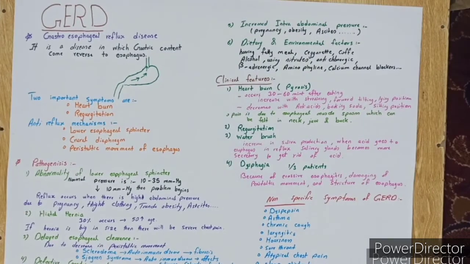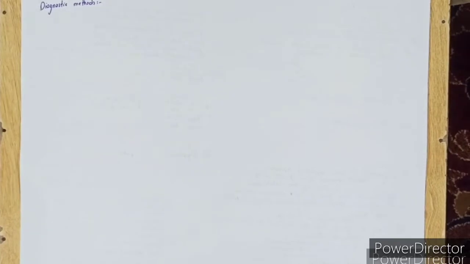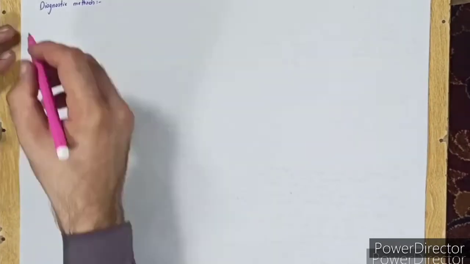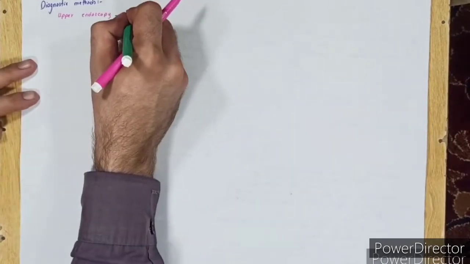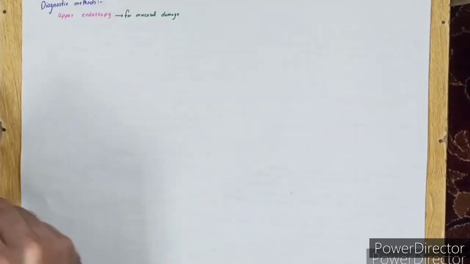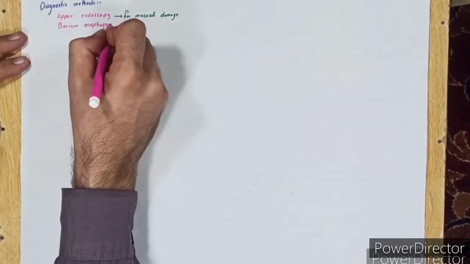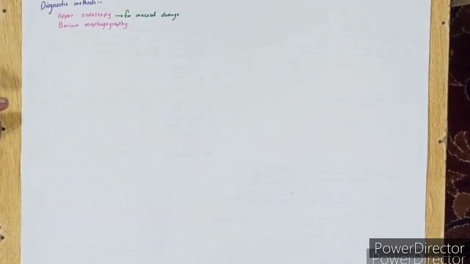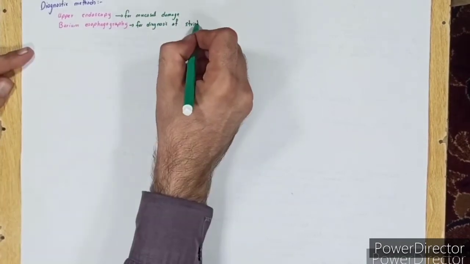Now we come to the diagnostic examination for Gerd. First one is upper endoscopy. It is for mucosal damage. The second is barium esophagography. It is for diagnosis of stricture if there is dysphagia.